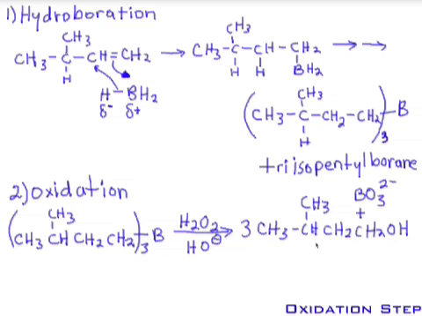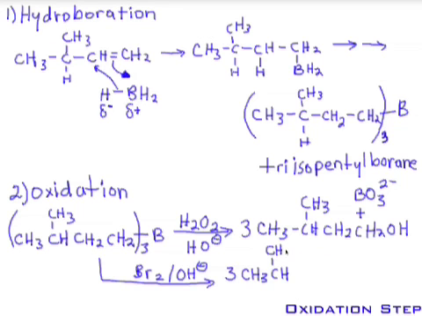If we had used Br2 in hydroxide, you would have gotten isopentyl bromides.